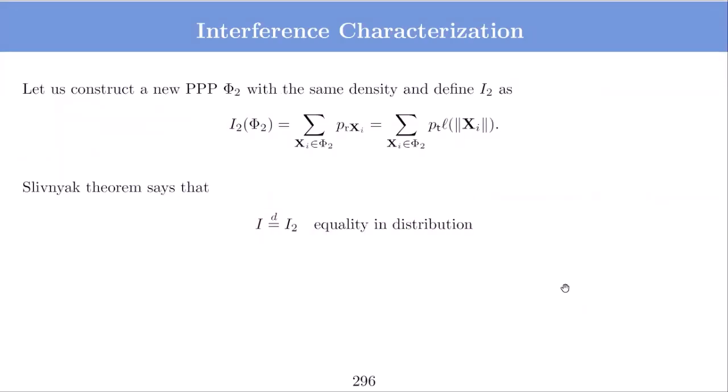This just means that if I take an independent unconditional Poisson point process phi2 with the same density and define I2 as the summation over all points of phi2 of the received power, from an unconditional independent Poisson point process with the same density, then I and I2 are the same in distribution. So I can just compute the Laplace transform of this I2 and I will get the distribution of the original I.